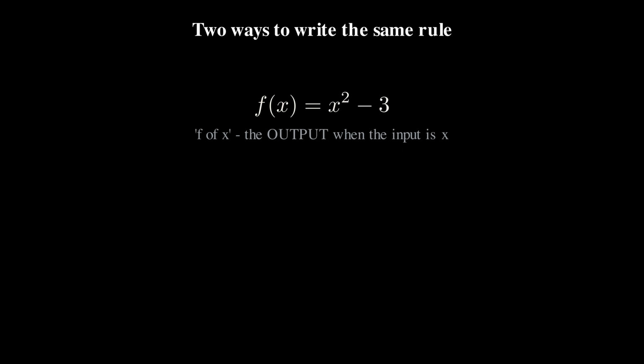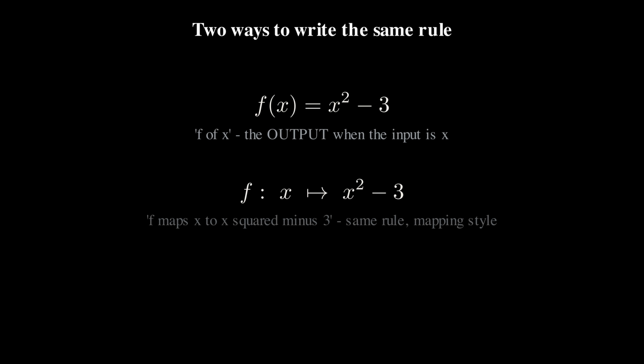The second uses the little bar and arrow. f maps x to x squared minus 3. It says the same thing in mapping language. f sends each input to that output. IB uses both, so get comfortable reading either.